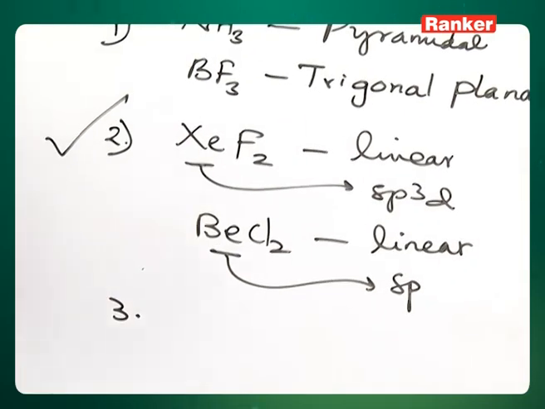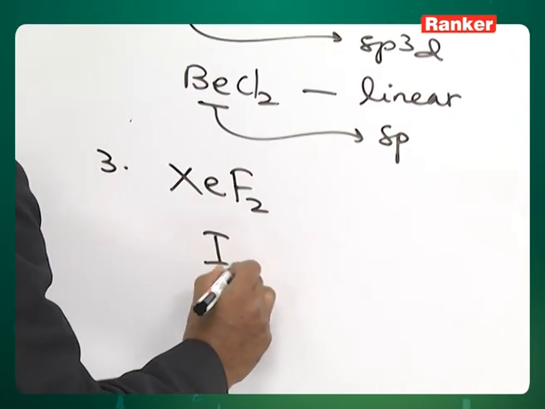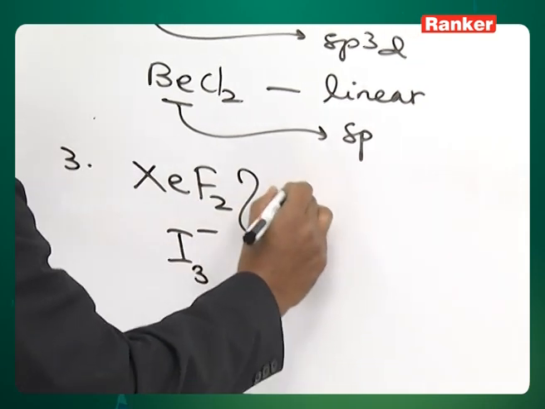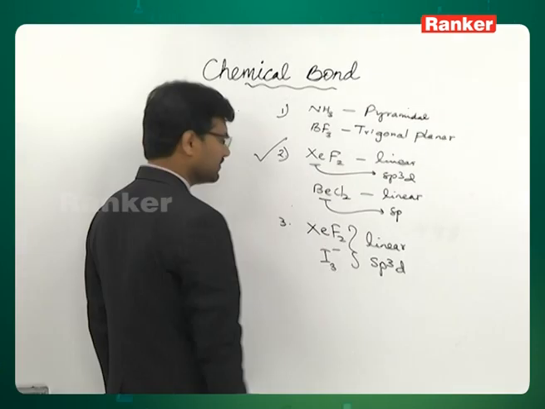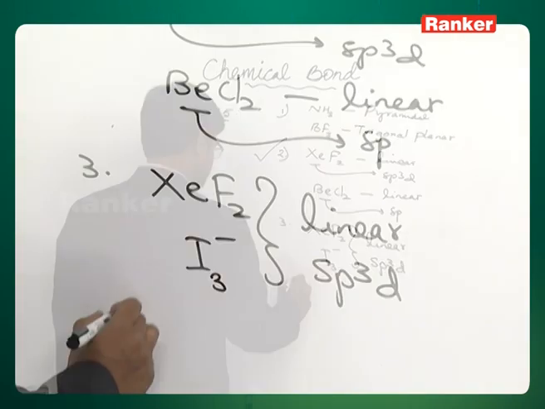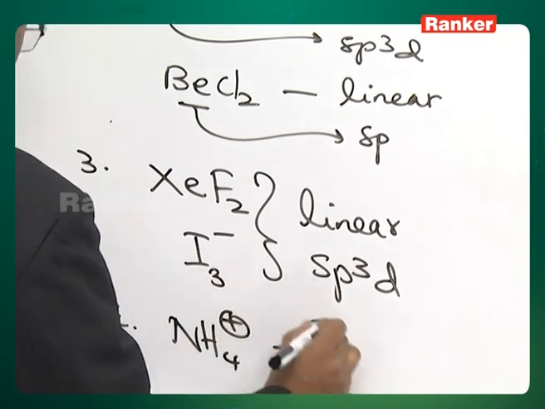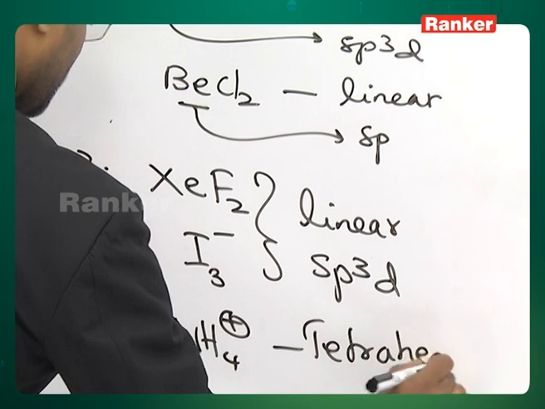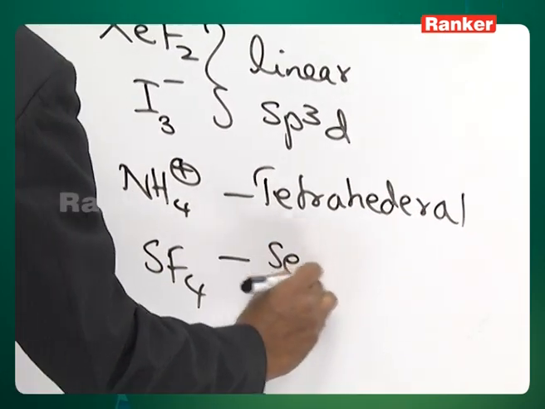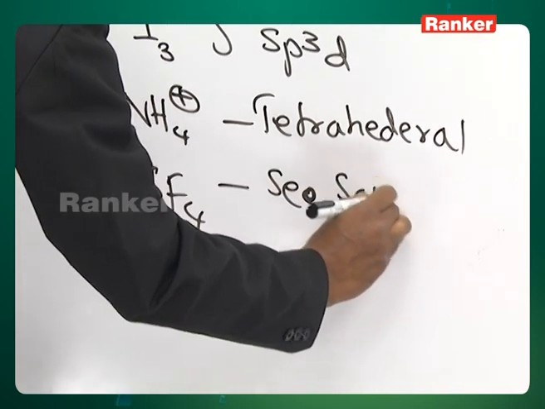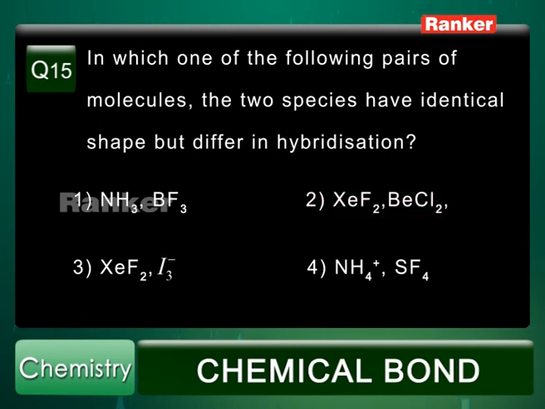Third option, XeF2 and I3 minus. Both are linear and in both the cases hybridization is sp3d. Fourth option, NH4 plus is tetrahedral and SF4 is seesaw. Shapes are different. So the correct answer is second option.